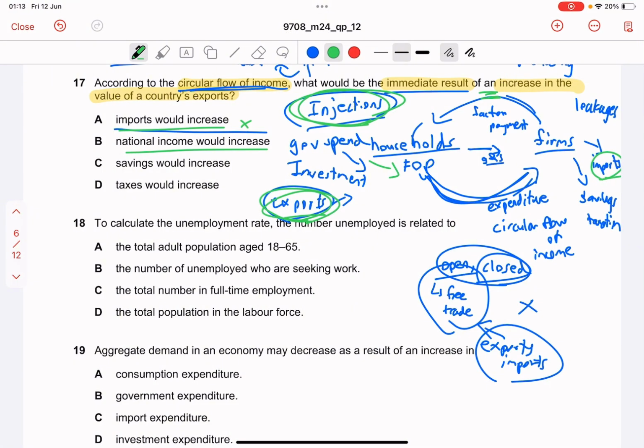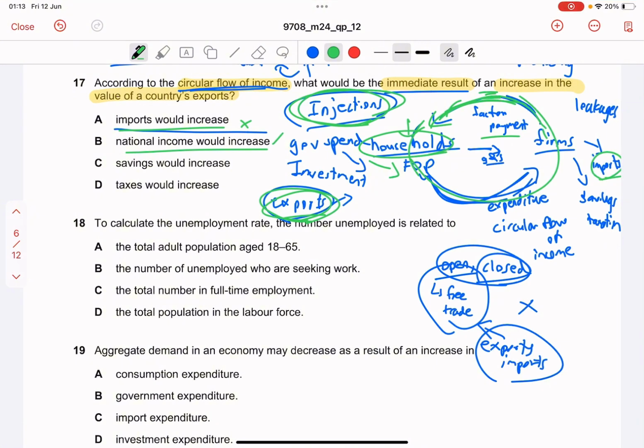So it will increase the money flowing in the circulation, and so it would increase the factor payments given to households by firms because the money flowing in this cycle has increased. So yes, the incomes of households will increase, or the national income will increase in this economy. So yes, that's possible. So let's just consider that option.